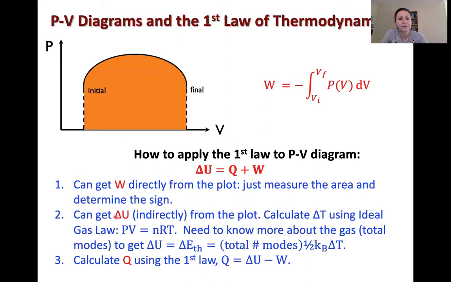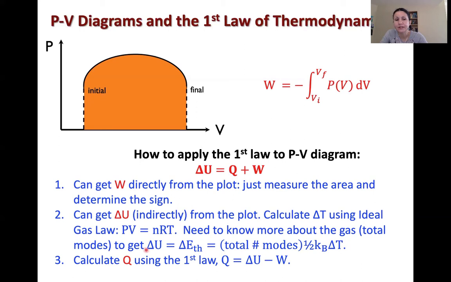Delta U, since we're talking about gases, is just going to be our change in thermal energy. And what is the change in thermal energy? Well, you can write it either in terms of heat capacity or in terms of the total number of modes times 1/2 k_B delta T.